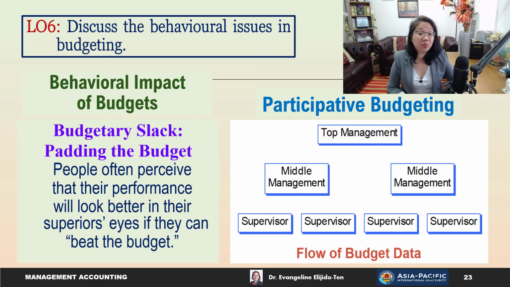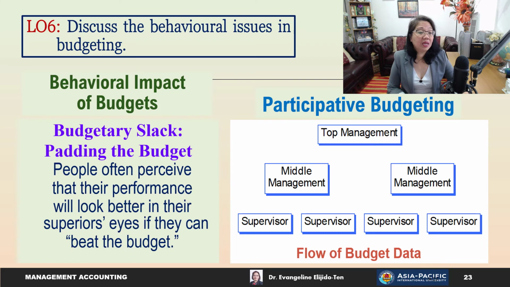Well, too much participation and discussion can lead to uncertainty and undue delay in the budgeting process. Also, when those involved in the budgeting process disagree in significant and irreconcilable ways, the process of participation can accentuate those differences.